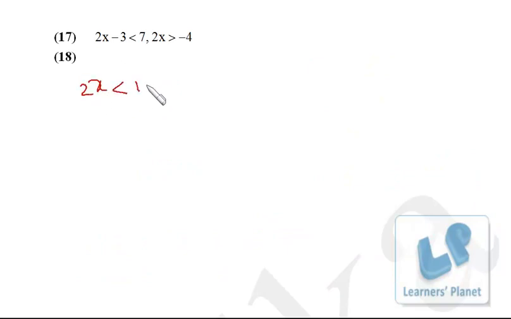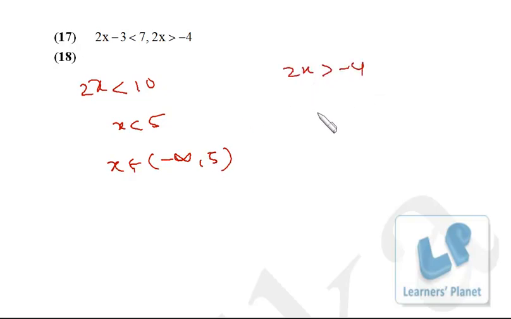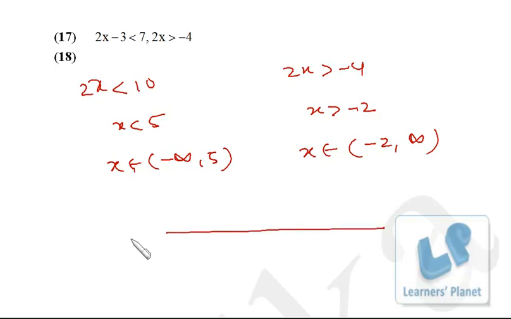2x is less than 10, x is less than 5, that means x belongs to minus infinity to 5. 2x is greater than minus 4, x is greater than minus 2, that means x belongs to minus 2 to infinity. We have to find out the common solution, so draw the number line, that's minus infinity, that's infinity, it's minus 2, it's 5.